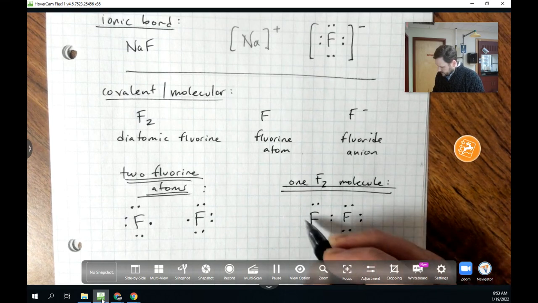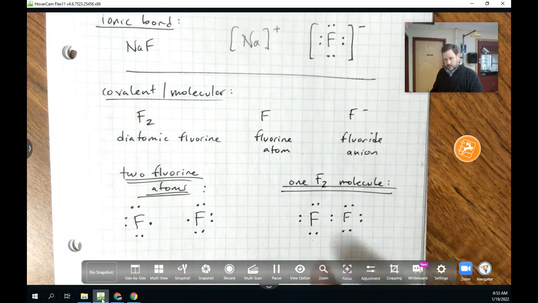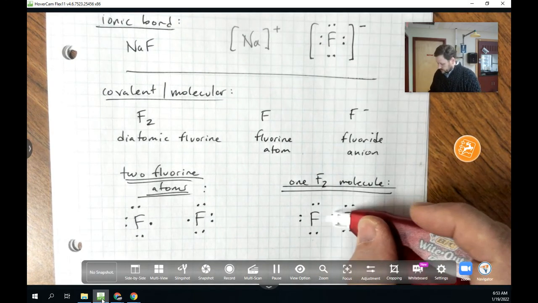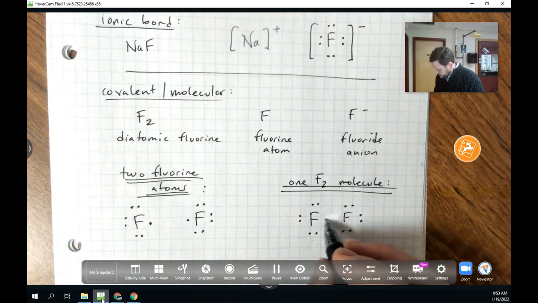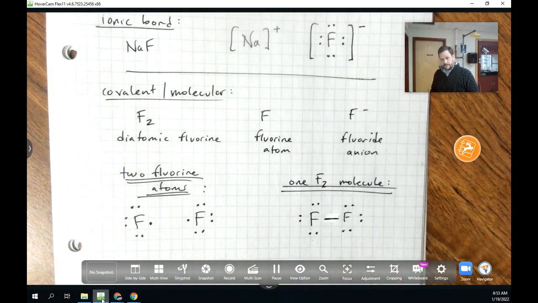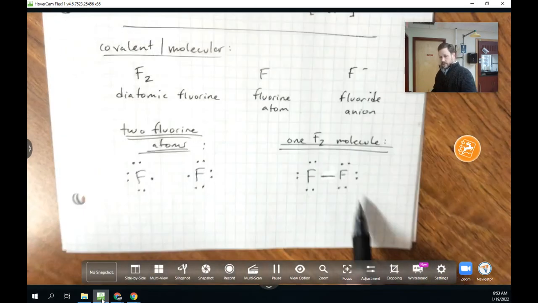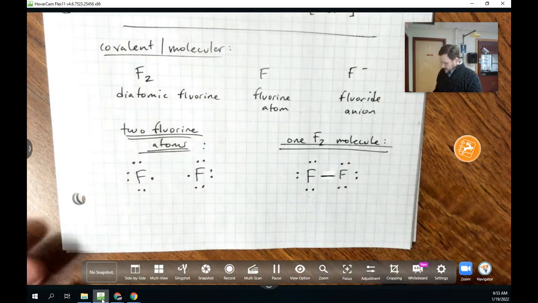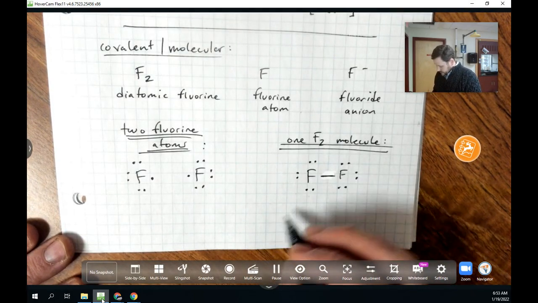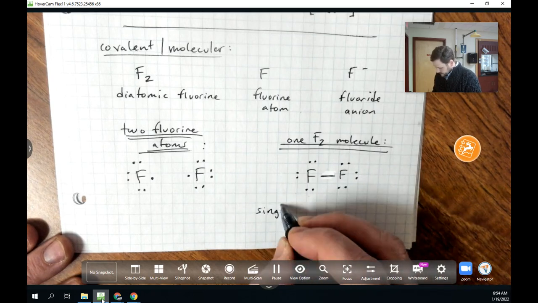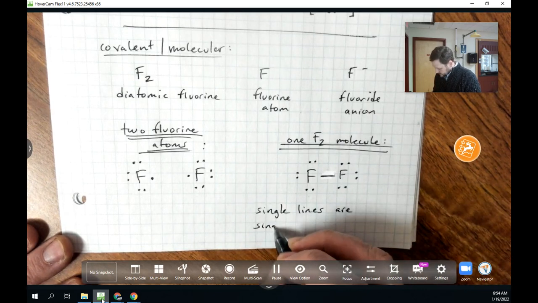And before you draw this, I want to stop for a moment and show that typically we're going to replace this shared pair of electrons with a line. So instead of drawing electrons which are shared as two dots, when they're shared, we draw it as a single line. And this was a Lewis diagram for the molecule, for the F2 molecule. And I want to note that single covalent bonds are represented with single lines, where single lines are single covalent bonds.